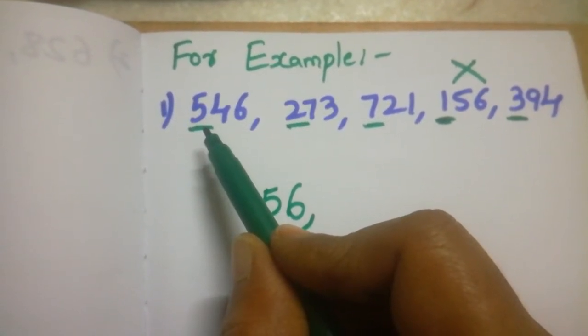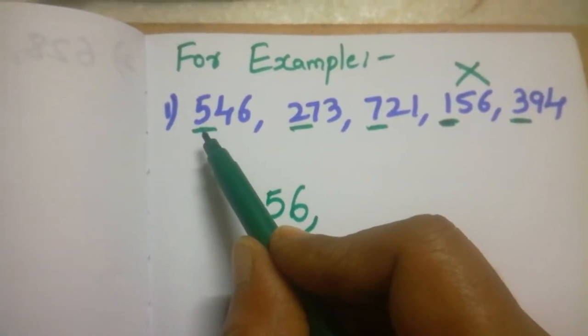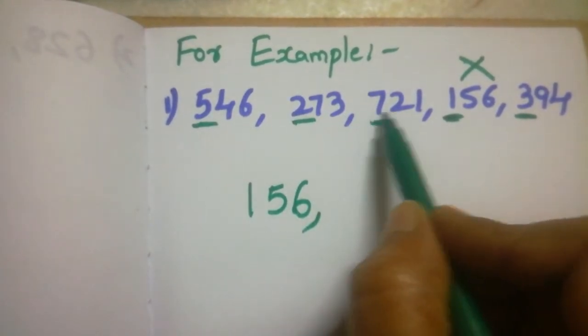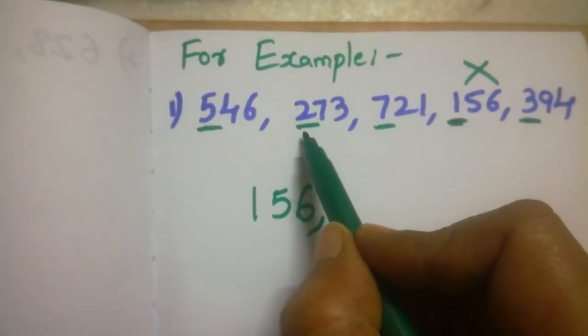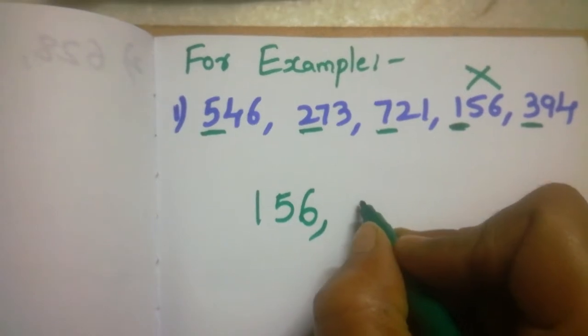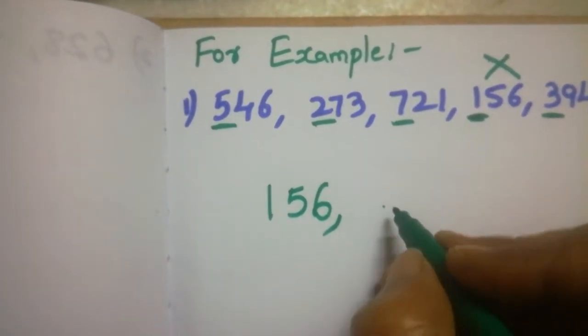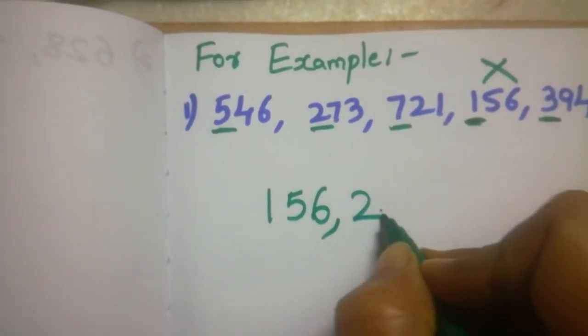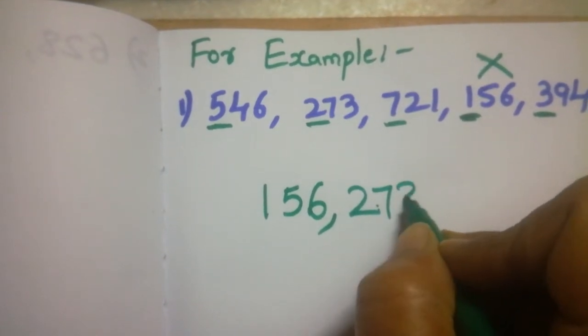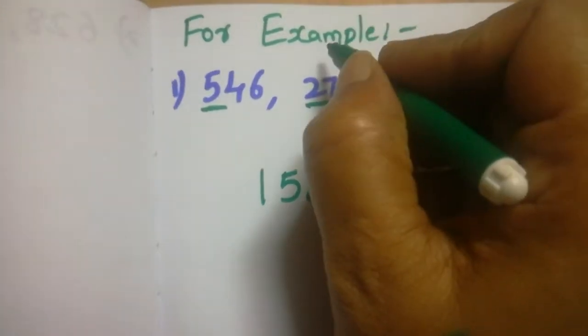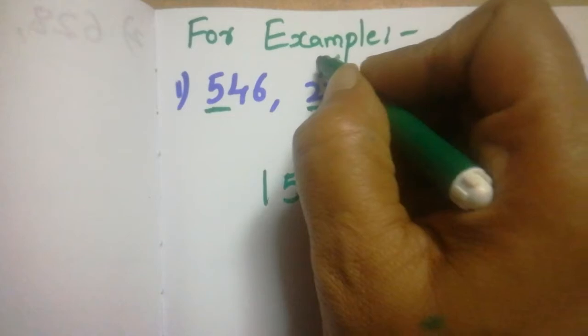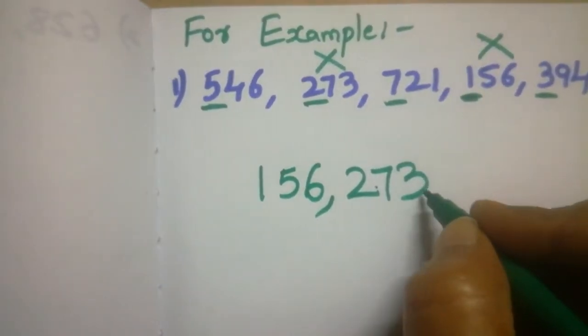If you see the digits in the hundreds place, we have 5, 2, 7 and 3. In this 2 is the smallest. So 273 is the smallest after 156. Now put a cross on 273.